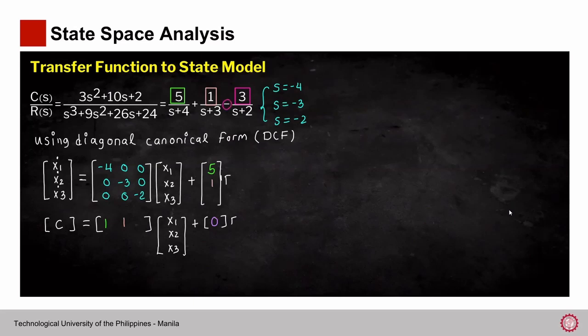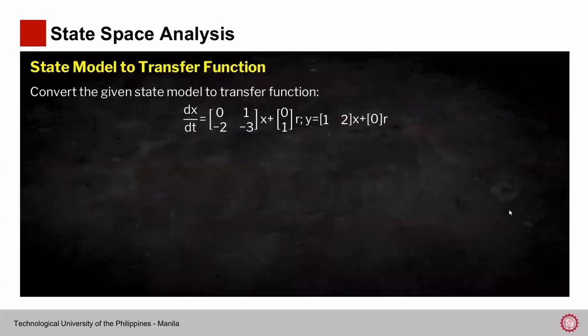Usually ang ginagawa nila, ito yung -3 and this is 1, para 1, 1, 1 lang yung nasa output. But then again, it's supposed to be the product. So pwedeng lagay natin is 1.5, and -2, it's okay, because 1.5 times -2 is -3 as well. Naintindihan po? Yes. So that is the diagonal canonical form, DCF. So, punta na tayo sa last lesson natin, guys.